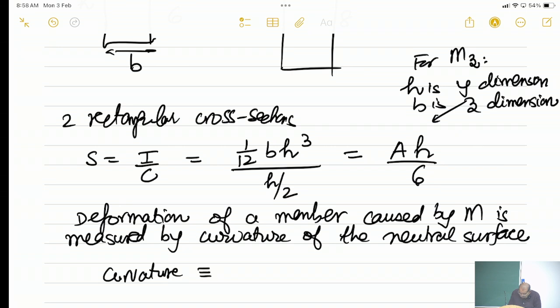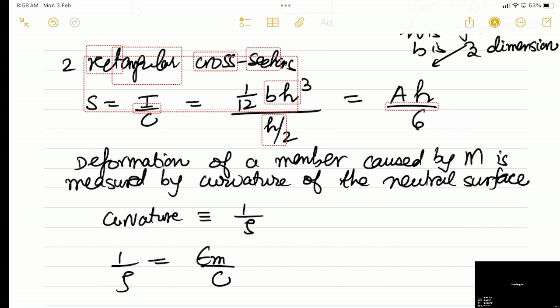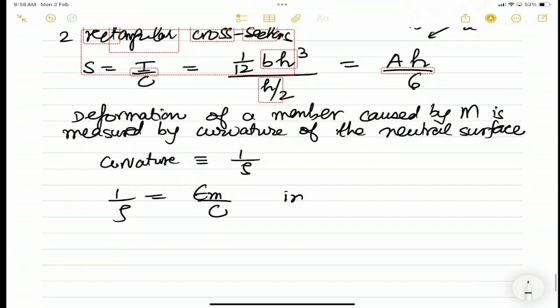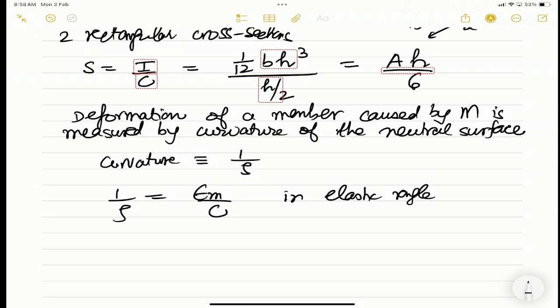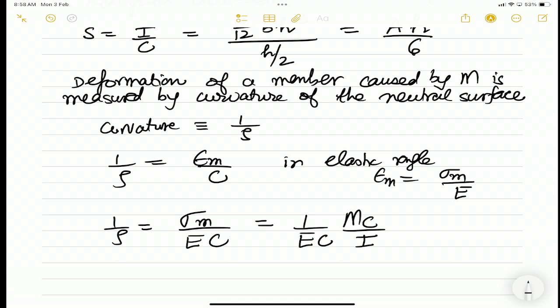Curvature is defined as 1 over rho. And from what we have seen above, 1 over rho is equal to epsilon m upon c, and in the elastic range, epsilon m is equal to sigma upon E. So, 1 over rho is equal to sigma m upon Ec, and this is equal to 1 upon Ec times sigma m, which is equal to Mc upon I. So, in terms of the moment and the properties of the material, 1 over rho is equal to M upon EI.